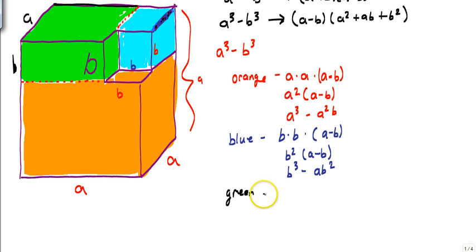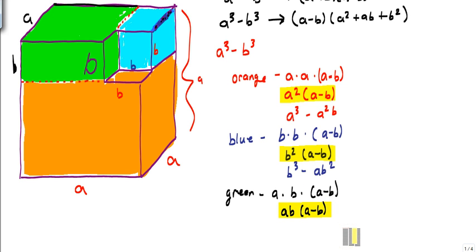So this time I've got a times b times a minus b, that's ab times a minus b. If you look, each one of these sections has something in common. They all have an a minus b in common.